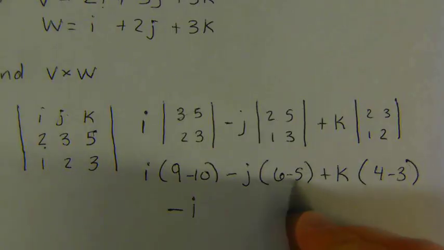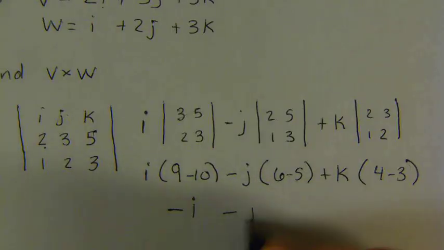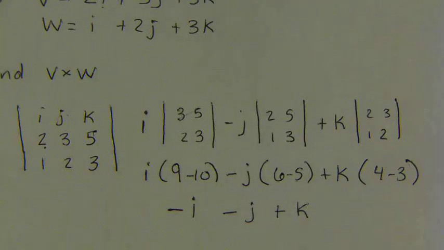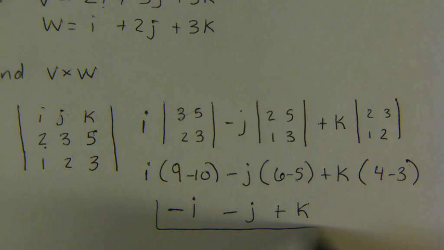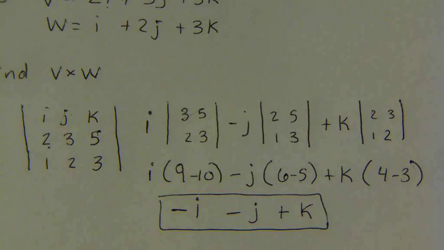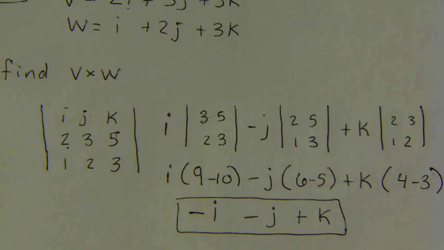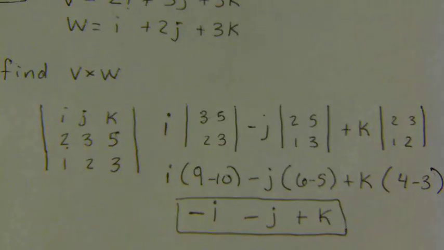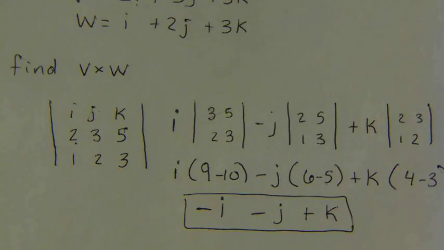That's 1 times j with a minus in front, minus j, and 1 times k is plus k. Negative i minus j plus k. All right, so that is how we do the cross product.